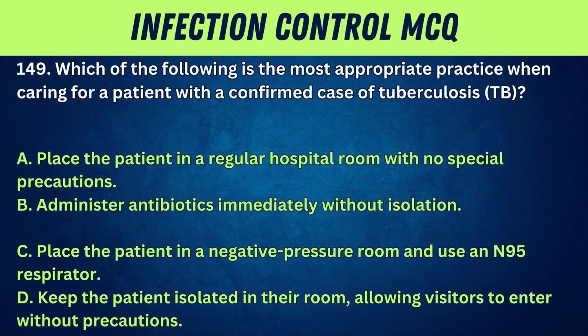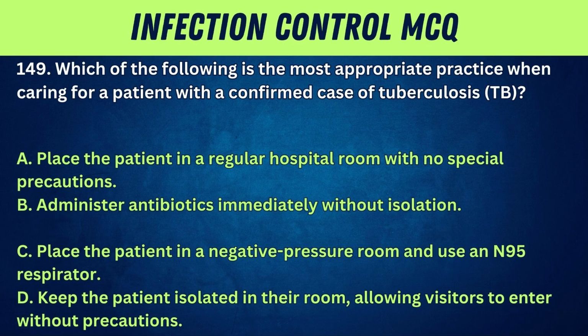149. Which of the following is the most appropriate practice when caring for a patient with a confirmed case of tuberculosis, TB? A. Place the patient in a regular hospital room with no special precautions. B. Administer antibiotics immediately, without isolation. C. Place the patient in a negative pressure room and use an N95 respirator.